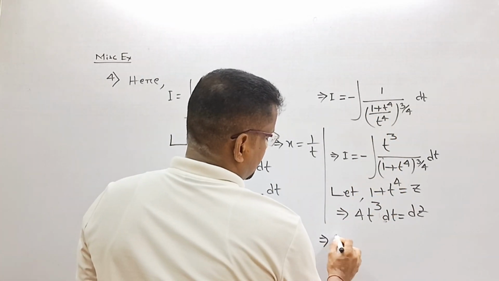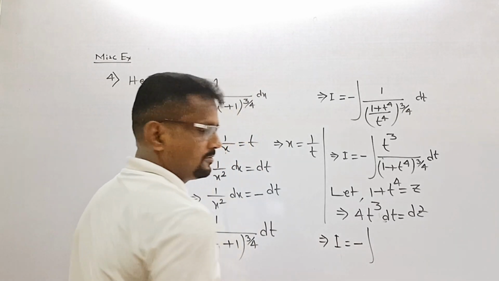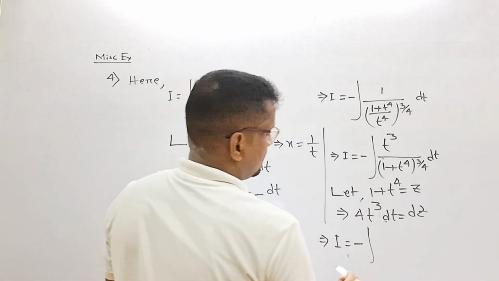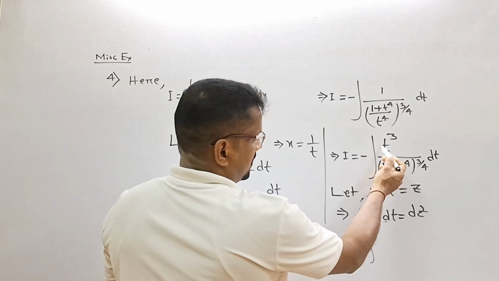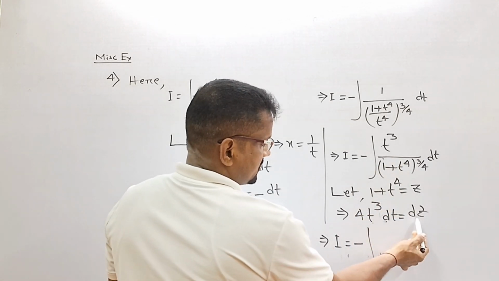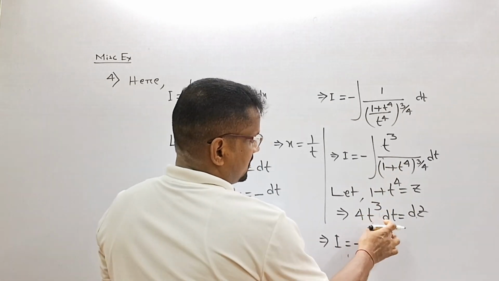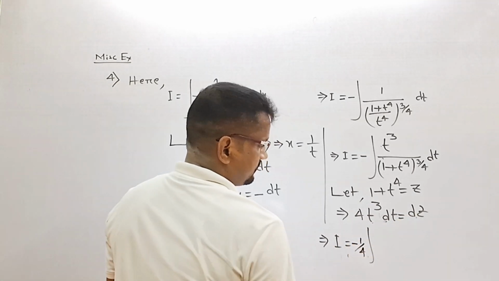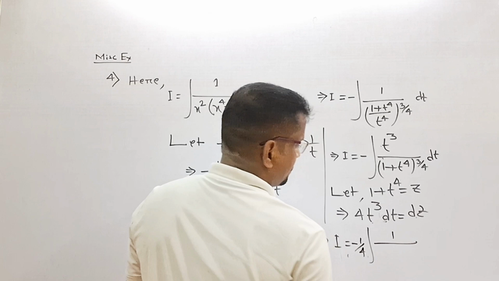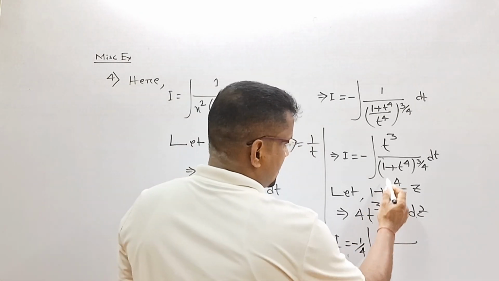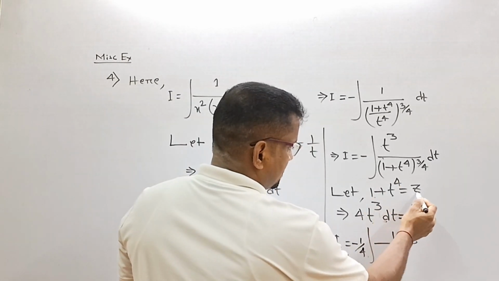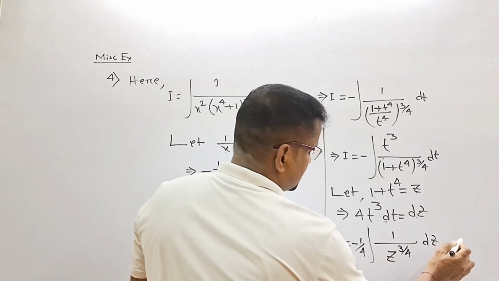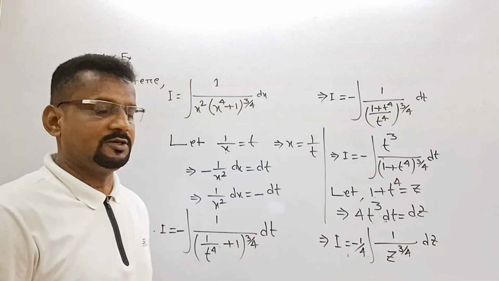I reduces to I equals minus integration of t cube dt, and t cube dt will be dz by 4. So let me write minus 1 by 4 here, 1 by 1 plus t to the power 4, that is nothing but z, so z to the power 3 by 4 dz. This much you will get.